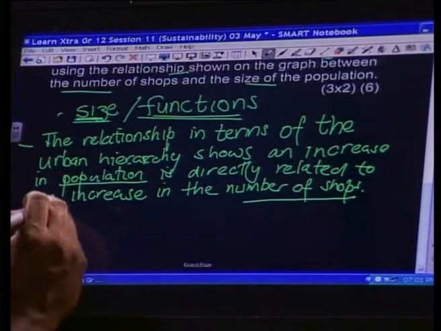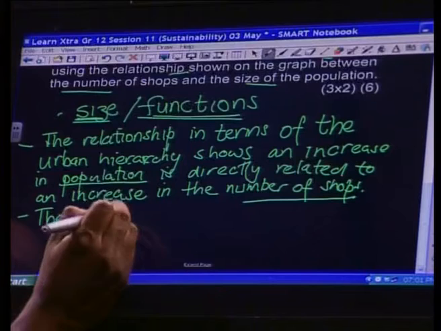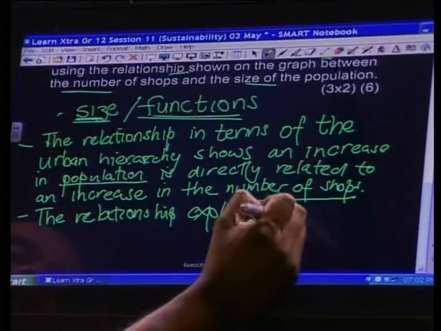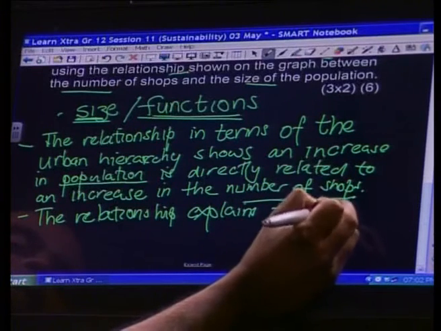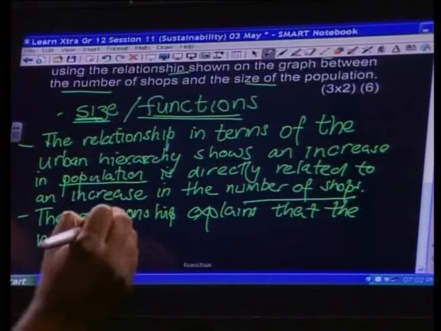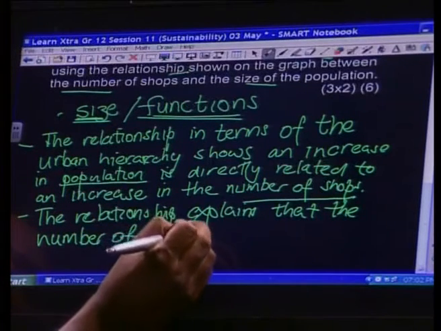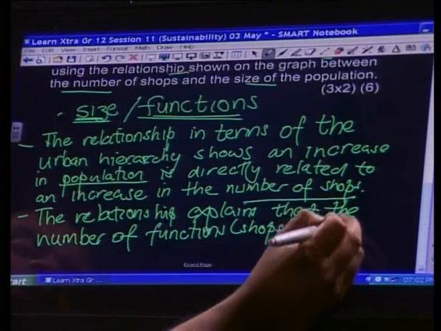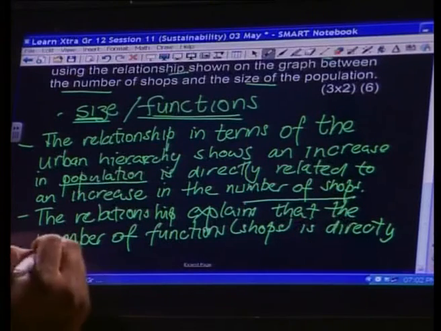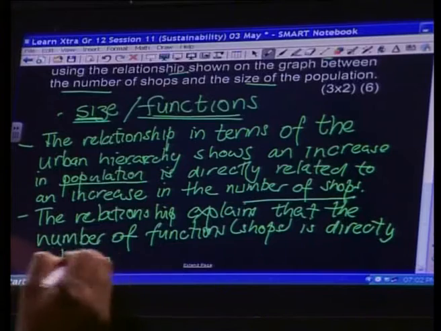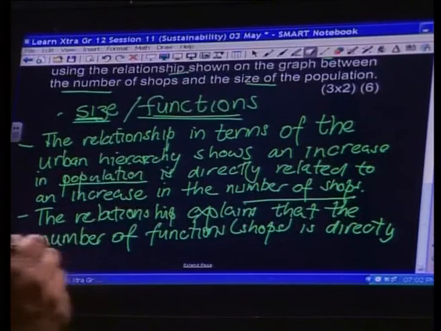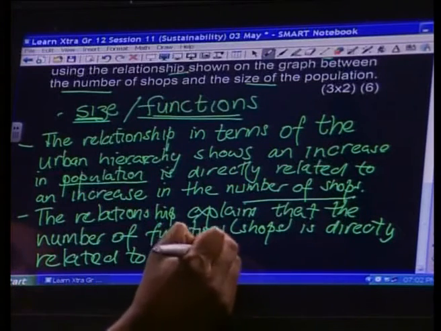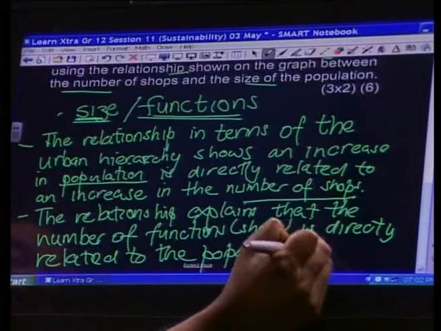Further explanations would suggest the relationship explains that the number of functions, in brackets shops, is directly related to the population size.